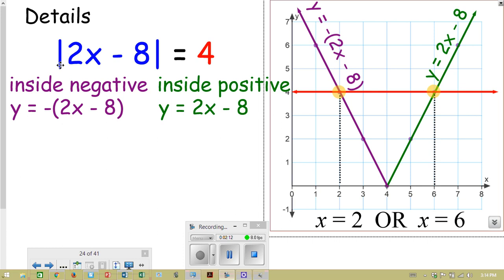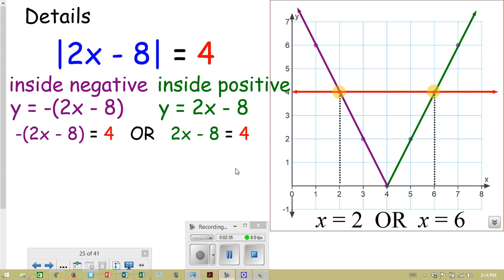So when does our absolute value equal 4? Well, our red crosses the green once, and the green is when the inside's positive. We also have the purple crossing the red once, and that purple was when the inside was negative.